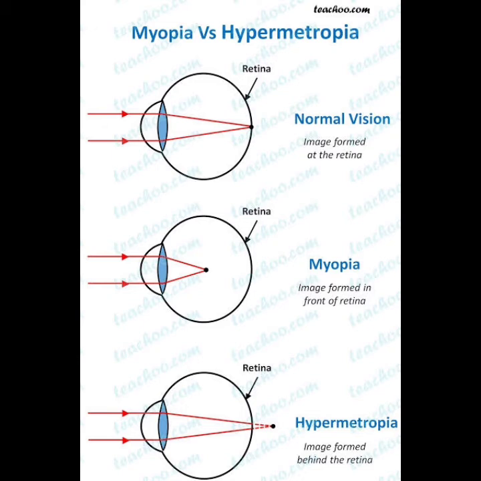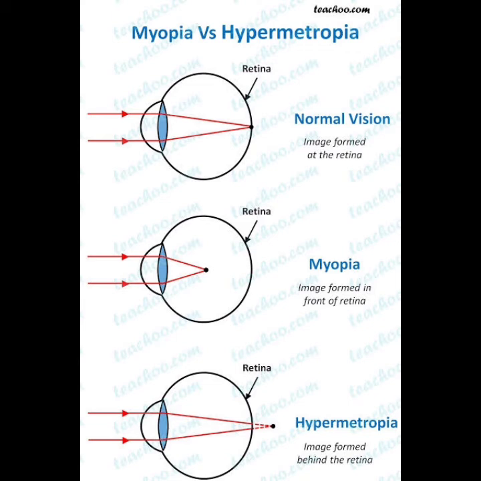There are two defects of our eye, called myopia and hypermetropia. So what is myopia? Myopia is a defect of vision due to which a person cannot see distant objects clearly.